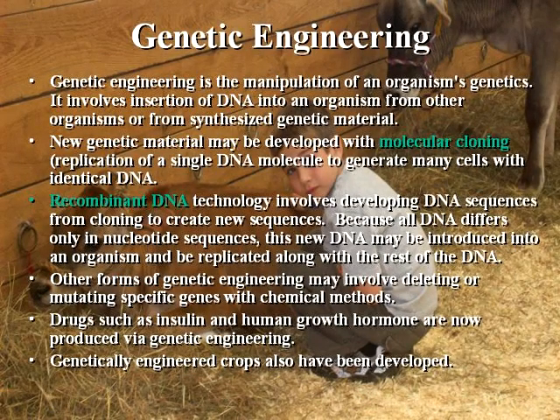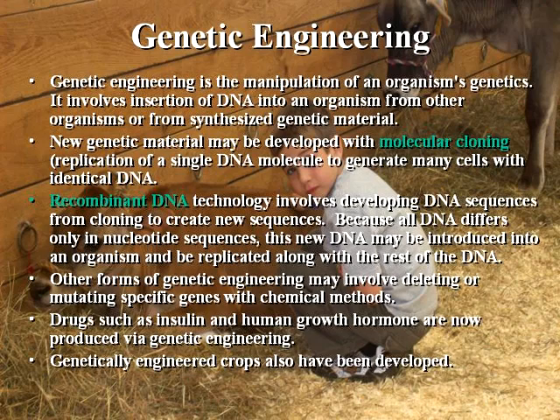So we can define genetic engineering as manipulating an organism's genetics. We can insert portions of DNA into an organism that actually originated in another organism. Or we can synthesize new genetic material and insert that into the genome of a plant or an animal.